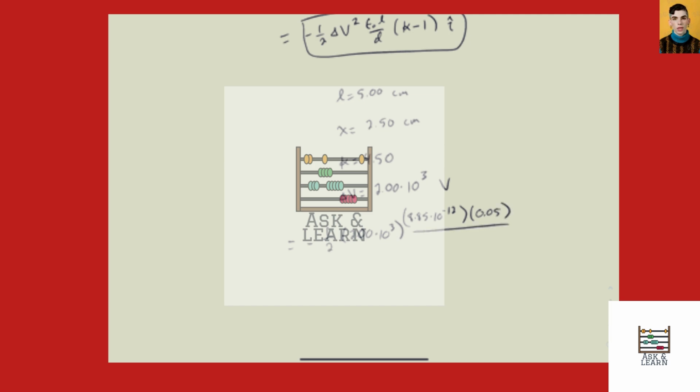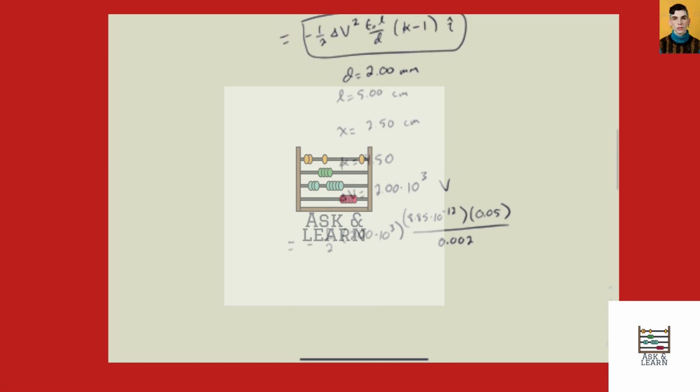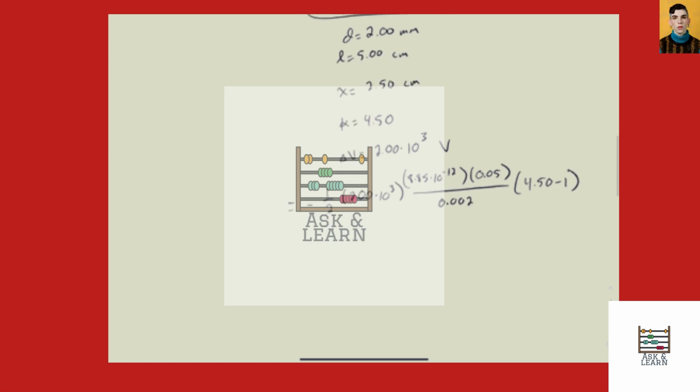Same thing with D. Oh, I didn't write that down. D is 2 millimeters, which is 0.002 meters. And then we want kappa minus 1, so 4.5 minus 1.